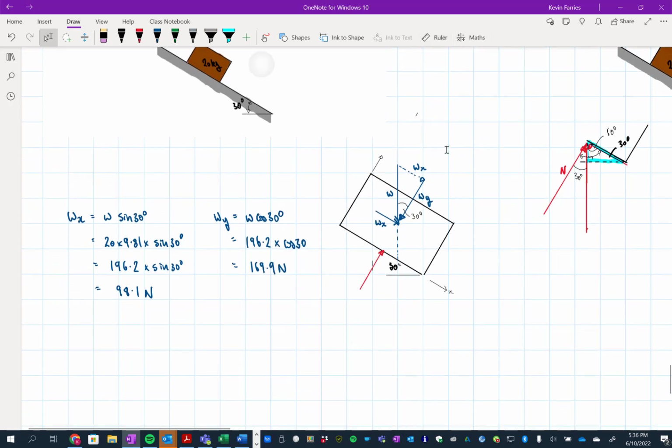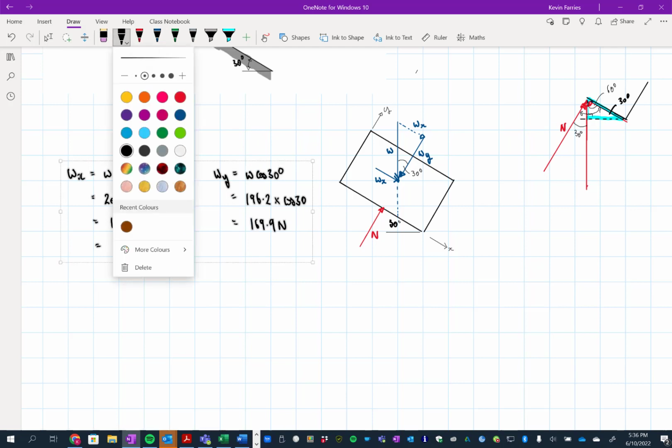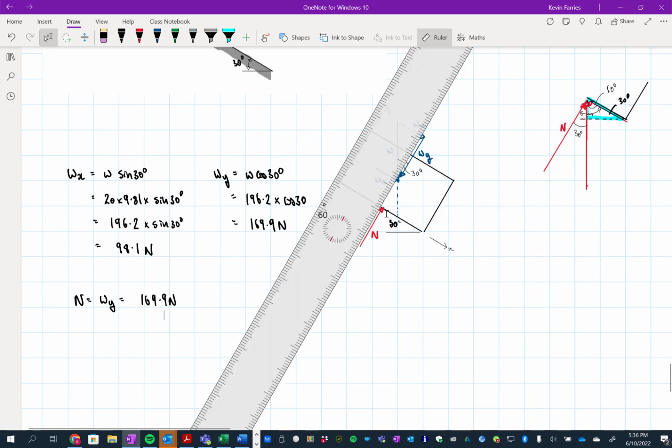So therefore we should have N is equal to the y component of weight, which is equal to 169.9 newtons. So the frictional force doesn't necessarily balance the x component of weight.